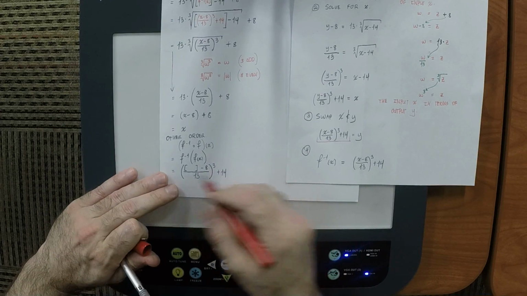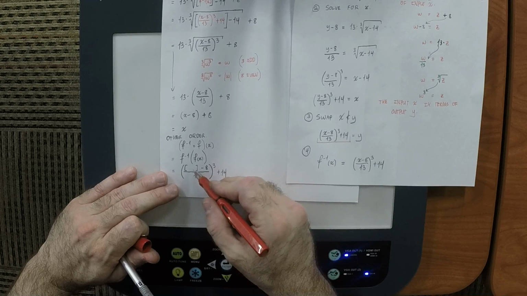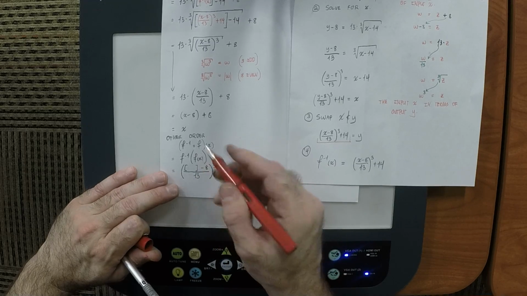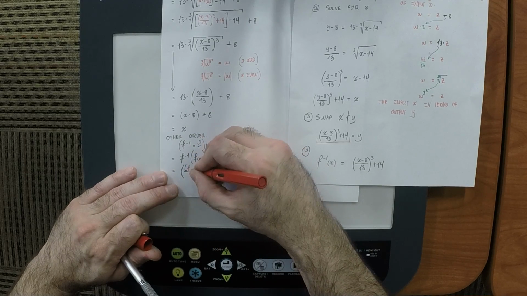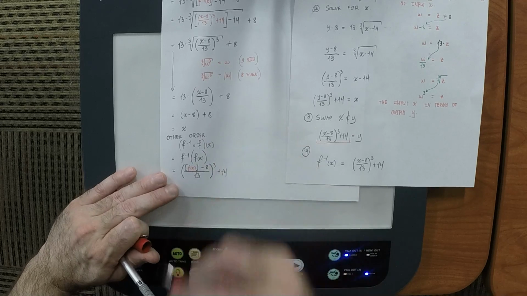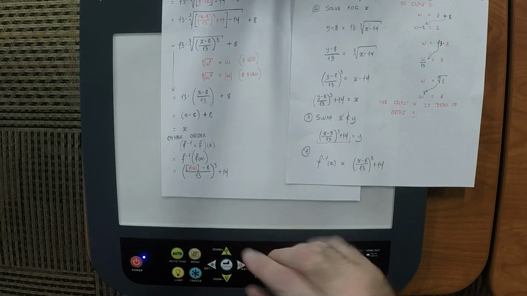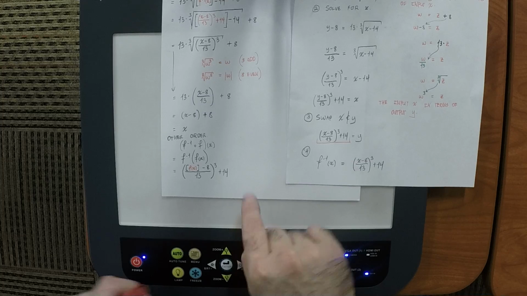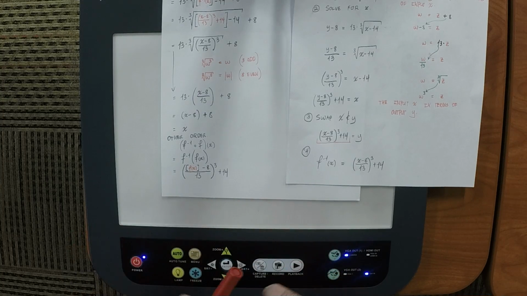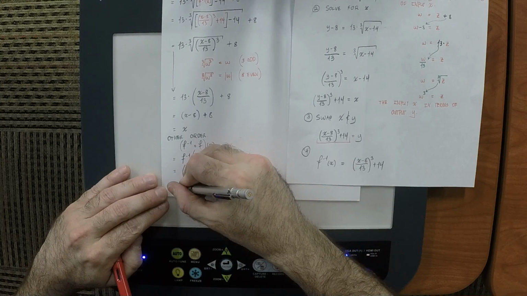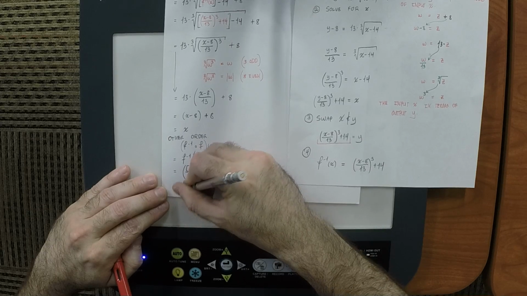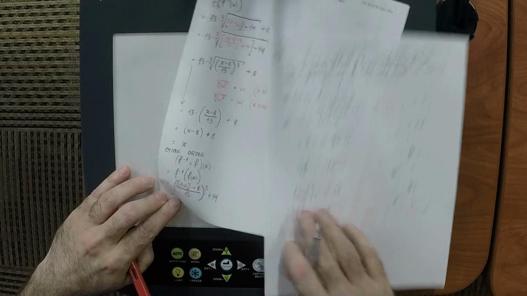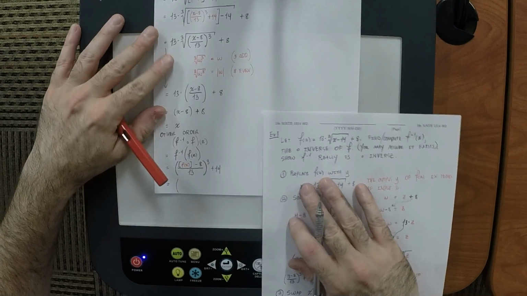Okay, so that's what F inverse does, and that's its slot. The input is f of x, so I need to write f of x here. So now that I have that, I can replace f of x with what it does, from the top of the page.